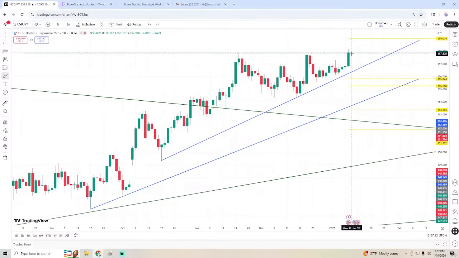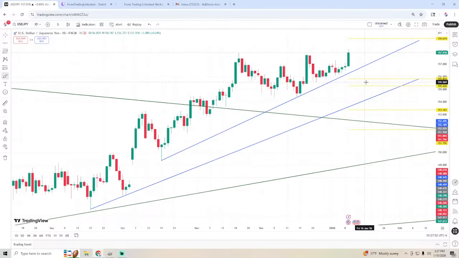Right now, I believe we're going to challenge these highs by just a little bit. This 159.19 right here, which is basically 159 even, should put a ceiling on a higher trending US dollar yen. The main reason is that with the rate cuts expected, and with crude in a sideways to lower trending market, that should, without a doubt, pull us back to this 155 area here, 155.82 to 155.26.